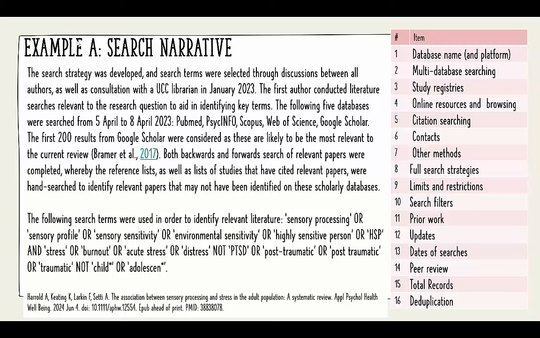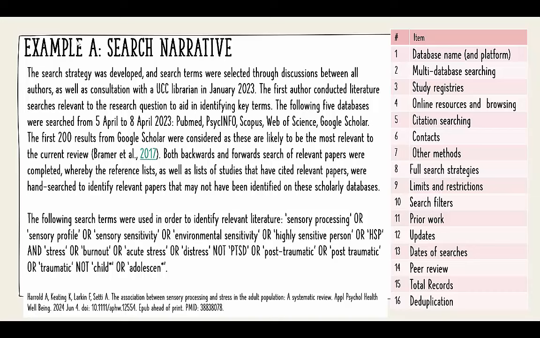That would have been helpful to know when we're looking at the search, to know what platform they're in. Of course, as librarians, sometimes we can tell based on how they write it out which one it was in, but it makes it more difficult for us to decide what was there.